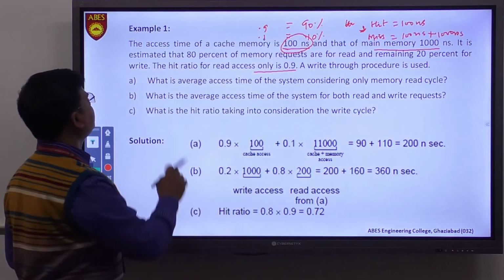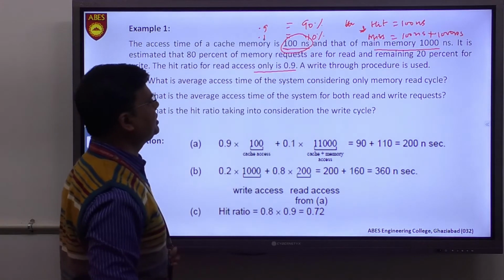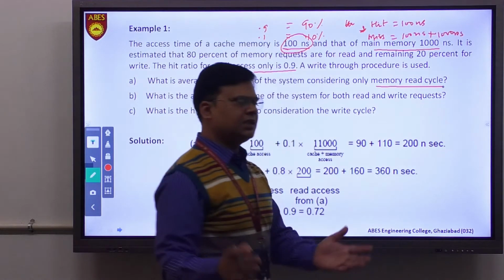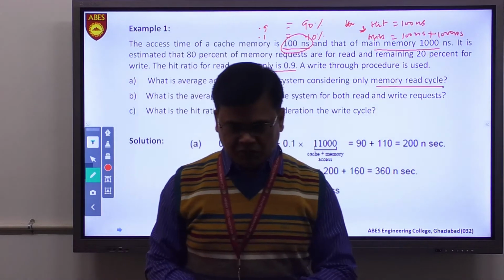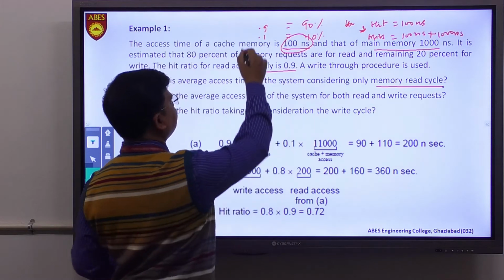So the first question is asking, what is the average access time of the system considering only memory read cycle? If there are only memory read cycles, then 100% of requests generated by the CPU will be for the read purpose and they will apply here.